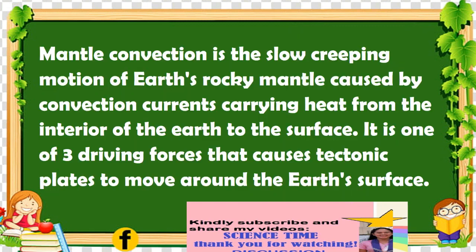Mantle convection is the slow, creeping motion of the Earth's rocky mantle caused by convection currents carrying heat from the interior of the Earth to the surface. It is one of the three driving forces that causes tectonic plates to move around the Earth's surface.